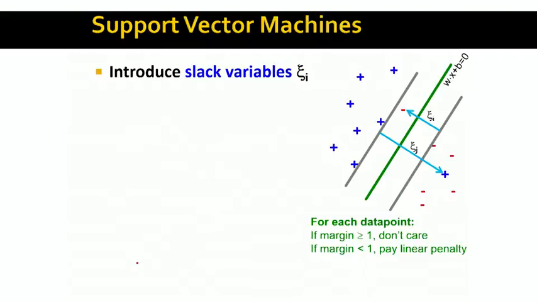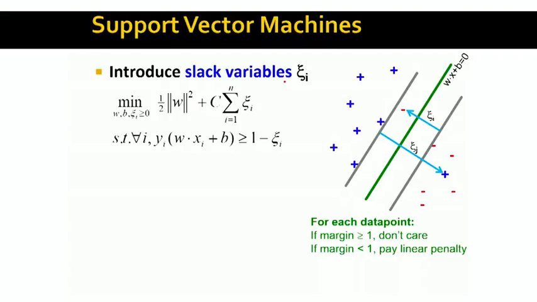So, how do we use margin to penalize mistakes? We introduce this notion of slack variables. The way we think of slack variables is as additional penalties that we get for misclassifying a data point. We have our separating plane, and the value of the slack variable, or the value of the penalty, will simply be the distance from the other side of the margin to the data point itself.